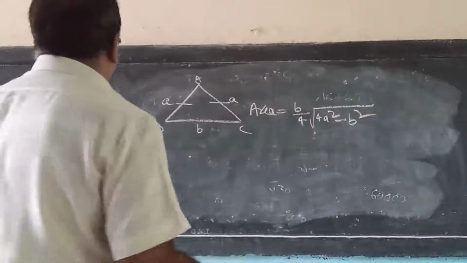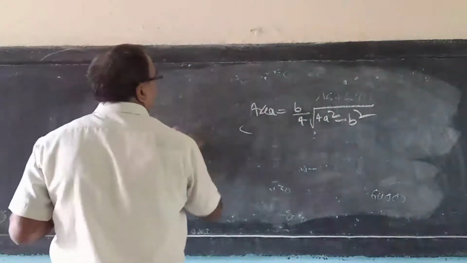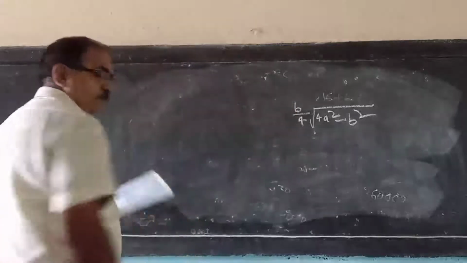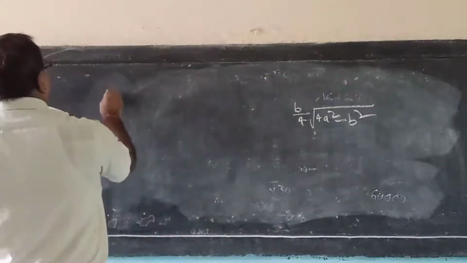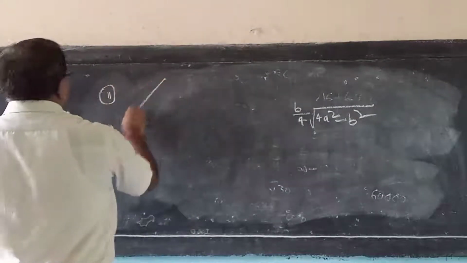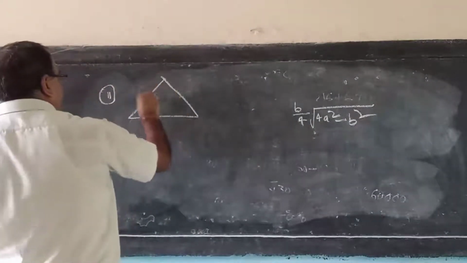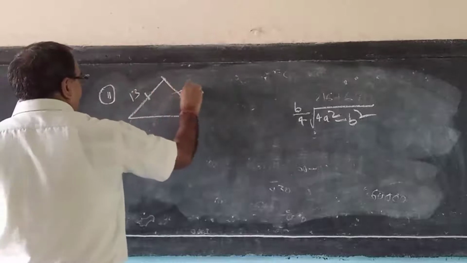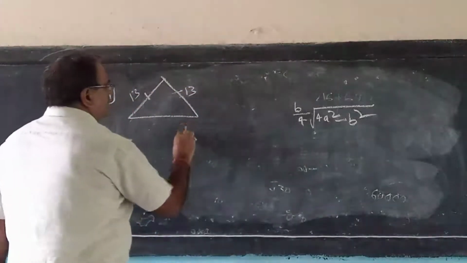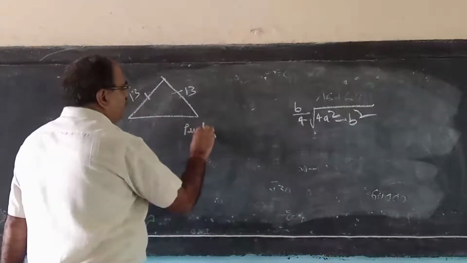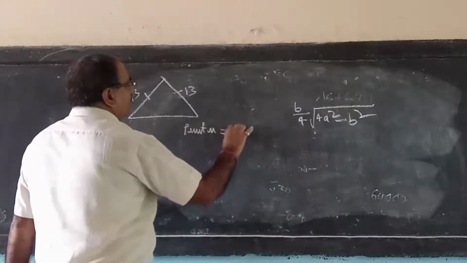See question number 11. Isosceles triangle, equal sides are given as 13 and 13, and perimeter is given as 50 centimeter. So perimeter is equal to the sum of all sides.